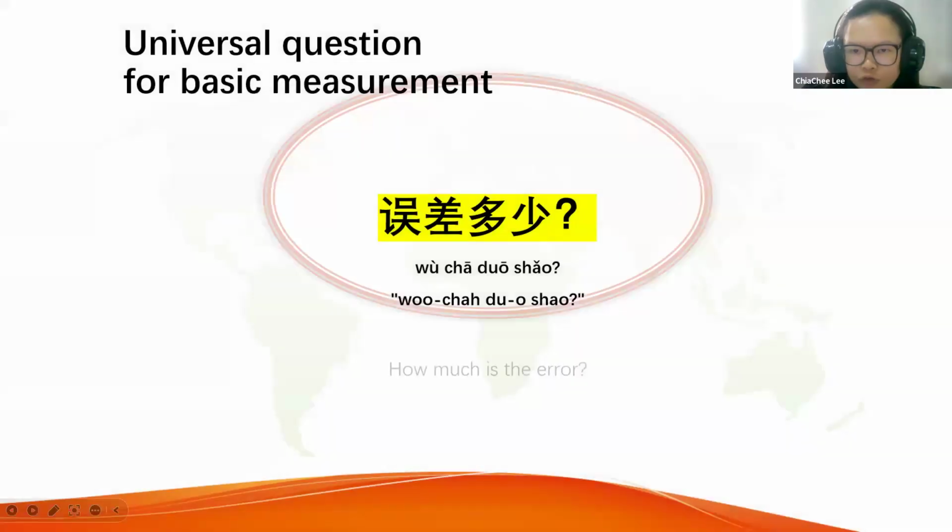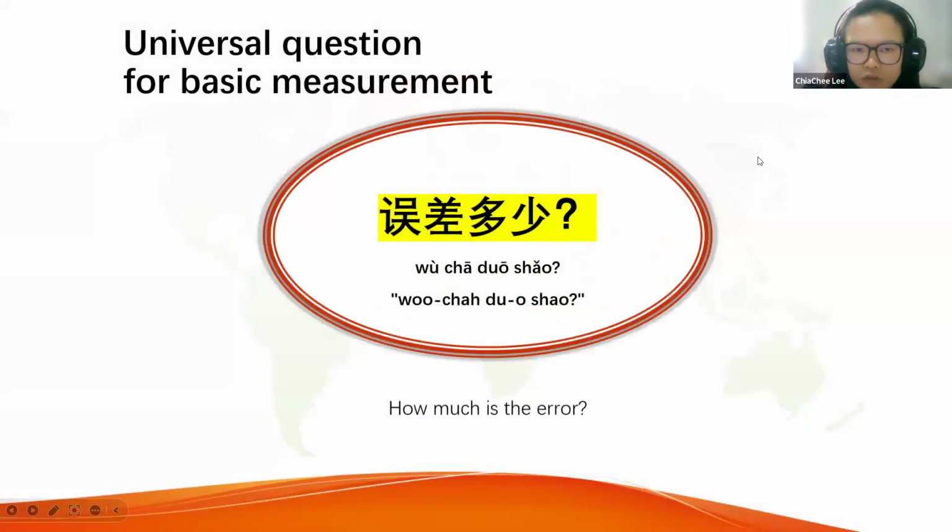We go back to the universal question. Okay. So as you can see here, normally for basic measurement, we try to understand the tolerance level, and then other measurement that is specified in our technical spec. So if it's exceeding the tolerance level too much, then we have no choice.